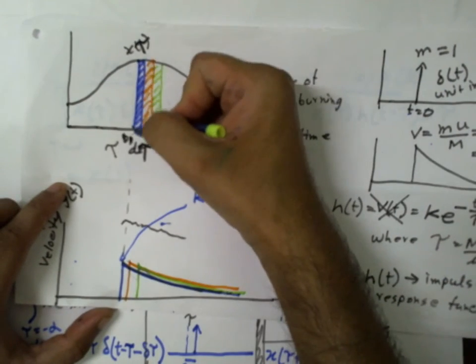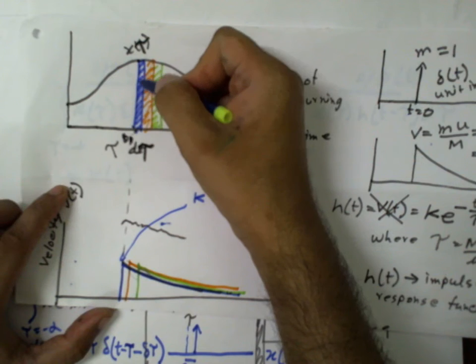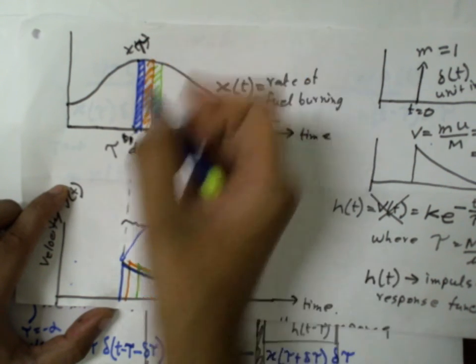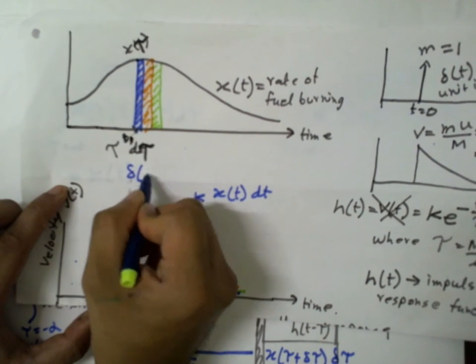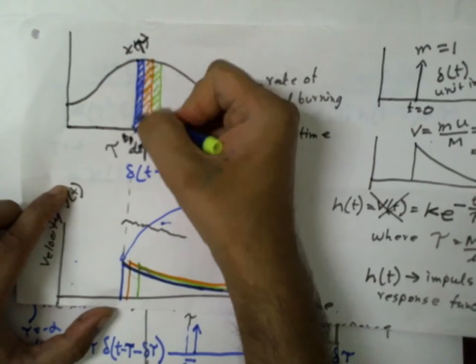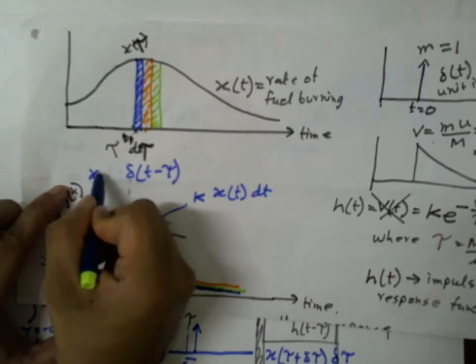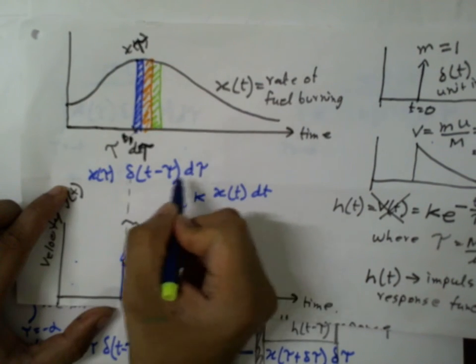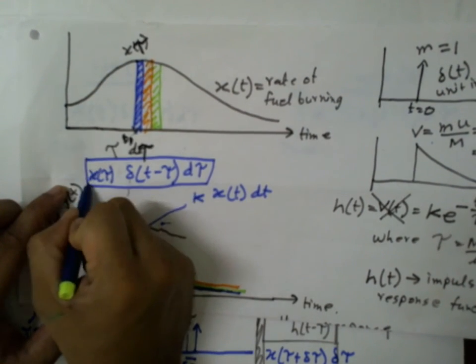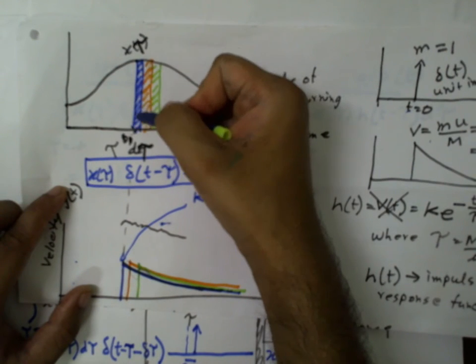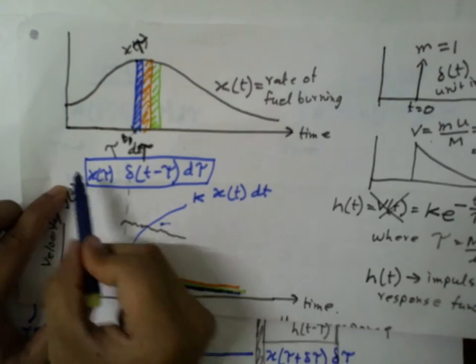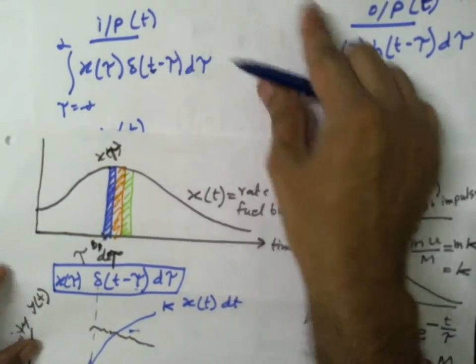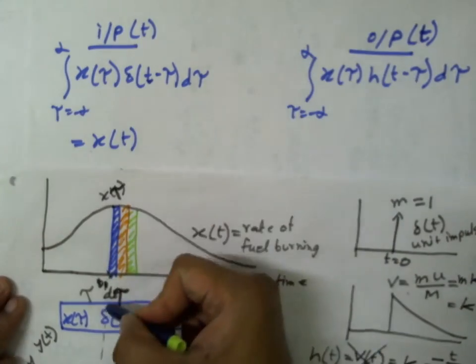This blue piece is one chop, which is an impulse function at t equals τ: δ(t − τ) with a value of x(τ) dτ. This is the equation of this blue patch. Similarly, we can have the equation for the orange, green and all other patches, and then they are added up, they are integrated here.